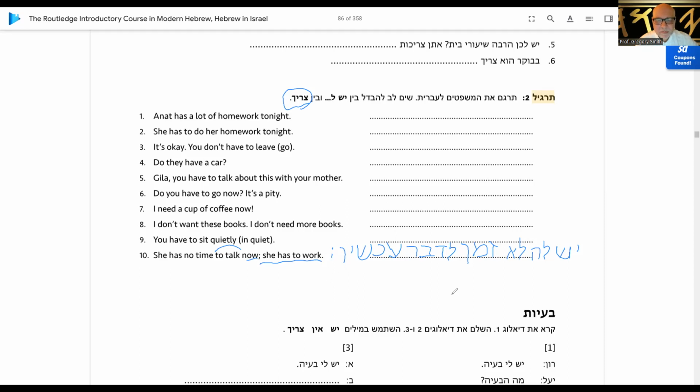This zarich has got to be put in the feminine, so we'll do it this way. He, and notice this has got to be in the feminine sense, zaricha. So she needs, and then the word for work is la'avoda, right? Okay, so he zaricha la'avoda. So she needs to work.